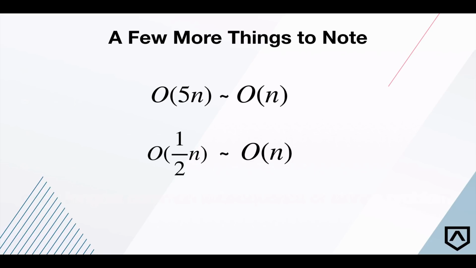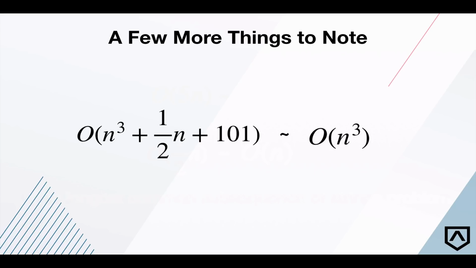For example, if we were looking at some code that exhibited 5 loops, one after another, none nested in each other, that would come out to 5n because there were 5 non-nested loops. But when we figure out the runtime, that would just come out to O of n, because we don't really care about the actual constant 5 in this case. This is true for any constant. It doesn't matter if it's 5, it doesn't matter if it's 1 over 2. We just get to lop off that constant, and it's all considered O of n.